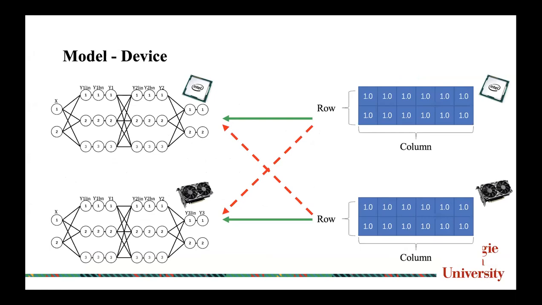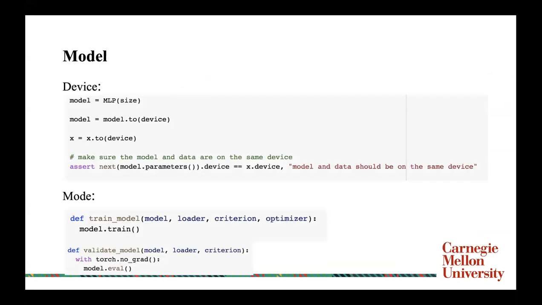In this way, you will get a CUDA error. This error can be easily solved by putting data and the model back on the same device. But we recommend you check the device attributes before training. And you can manually add these two lines before your training loop and use an assertion to double check it.